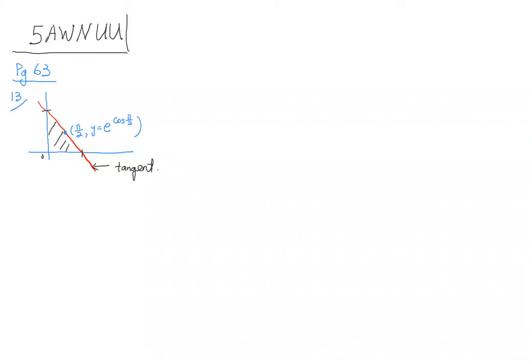So I have to find the equation of tangent to the curve y is equal to e to the power of cos x at x equal to pi by 2, correct?